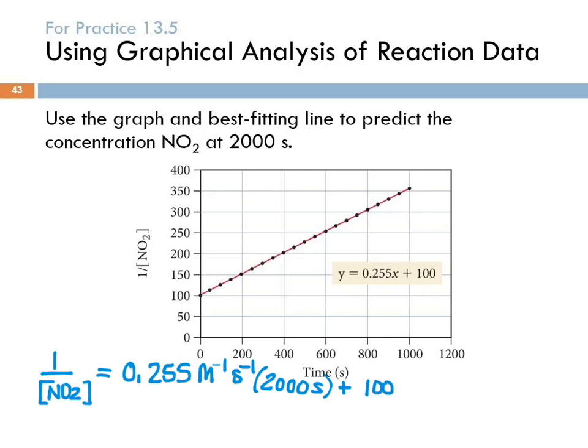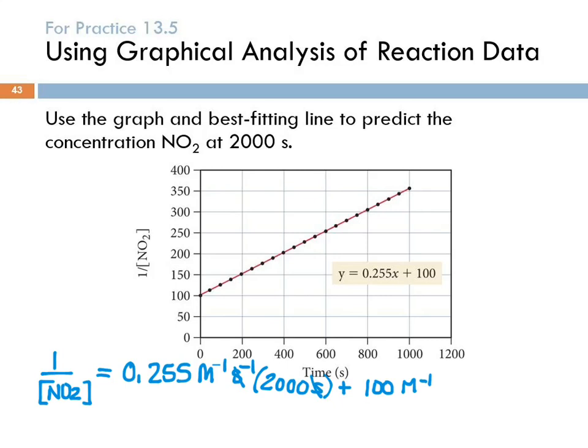What are the units on the y-intercept? 1 over molarity. So when I multiply these two numbers, what unit do I get? Let's do it this way instead. What happens with these units? Per molar per second times seconds. The seconds cancel out, right? And this ends up being per molar, and we're adding it to per molar, and so we're good.